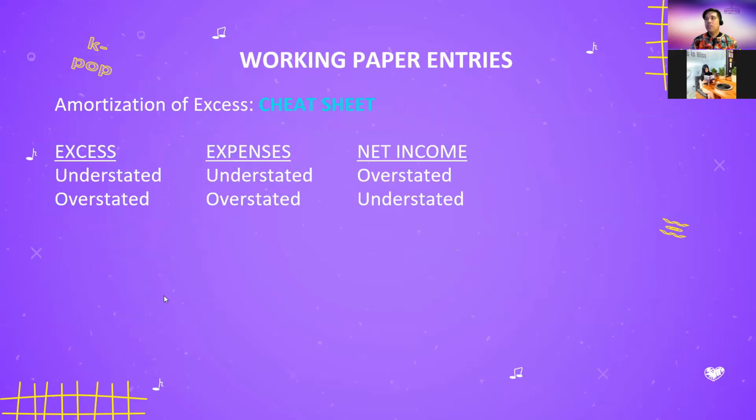So this is the cheat sheet we're talking about. If the excess is understated, the effect of that on your expenses is also understated. So ergo, net income is overstated. Remember, later on, what we need to calculate is the consolidated net income.